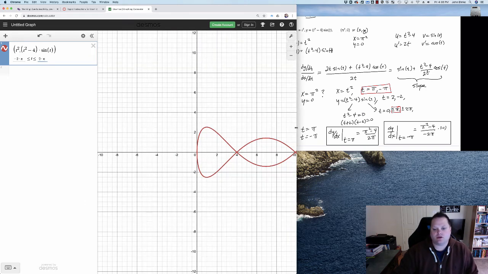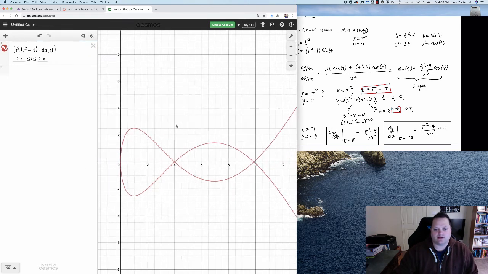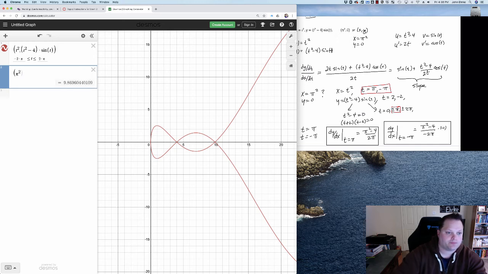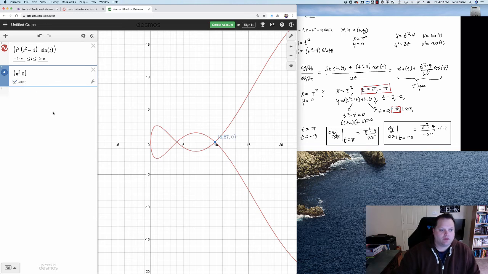All right, so here is what our curve looks like. And we are asked to look at the point pi squared, 0. So we're asked to look at this point. Okay, what's going on here is that for these particular problems, one of these points gives one slope, the other gives the negative of it.